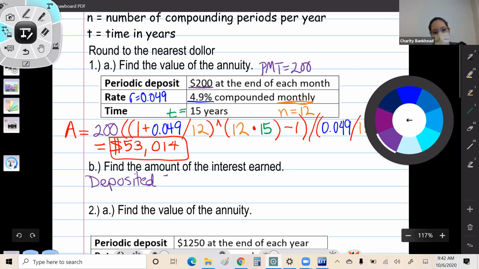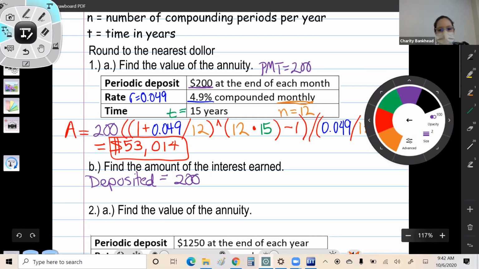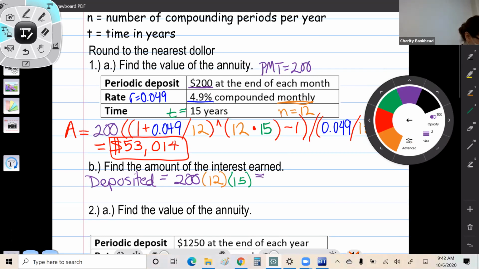So the total amount that you actually deposited into the account, you deposited $200 every month. So let's multiply that times 12 for 15 years. So let's multiply that times 15. And that would be the total amount that you actually deposited. So that would be 36,000.